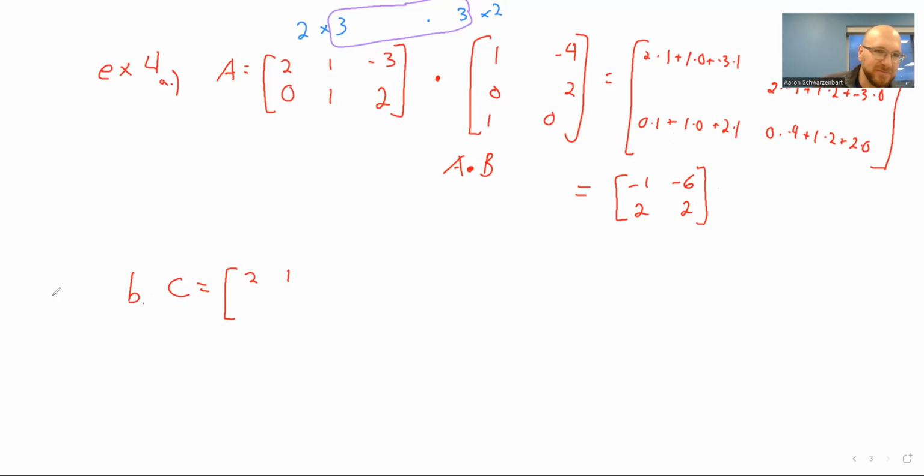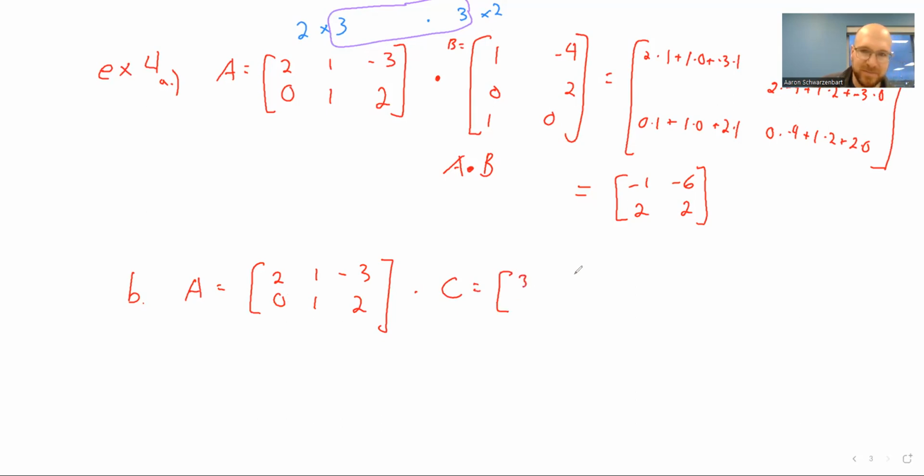Actually, it's still A. They used the same matrix, but they used a different B, so we're going to call that one C. This one was B. And so AC, I have a 2 by 3 here and a 2 by 2.